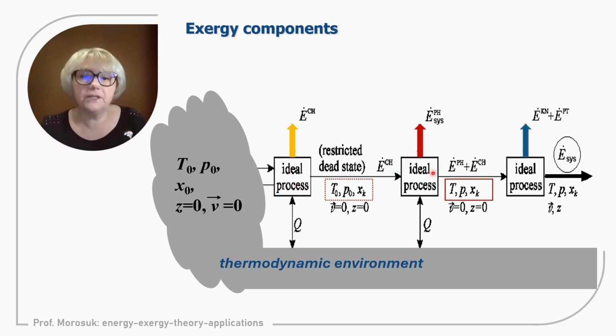It means that all these contributors can be calculated independently, but it is very important under which conditions we calculate these values. So for each one we need to discuss state zero. For kinetic and potential energy it will be the ground, a non-moving system, underground. For physical exergy and for chemical exergy, we always need to define the thermodynamic environment.